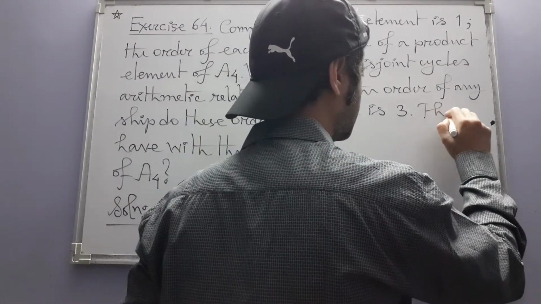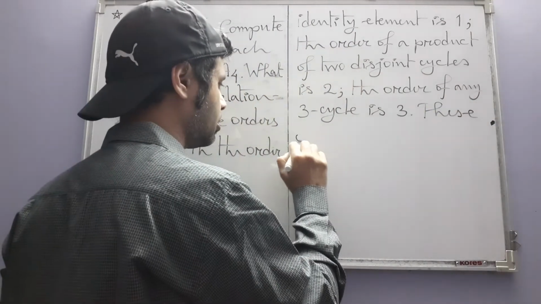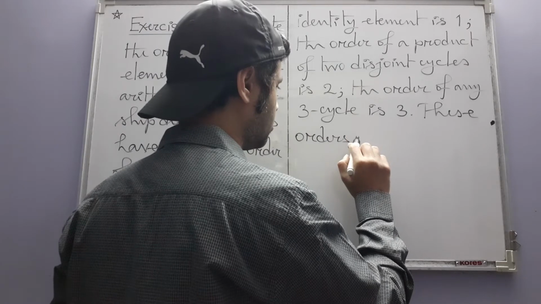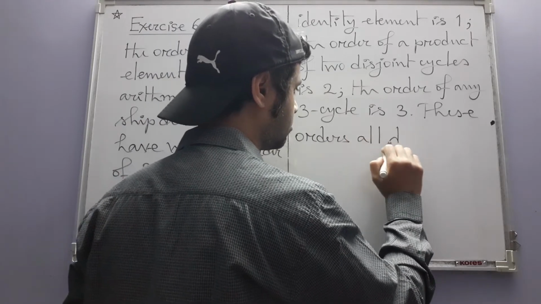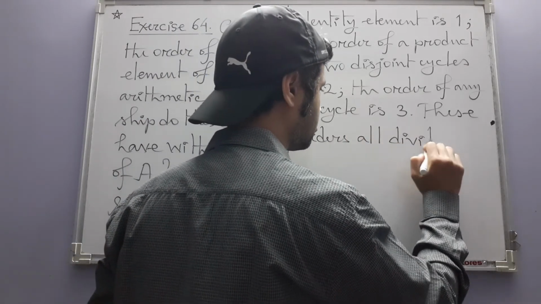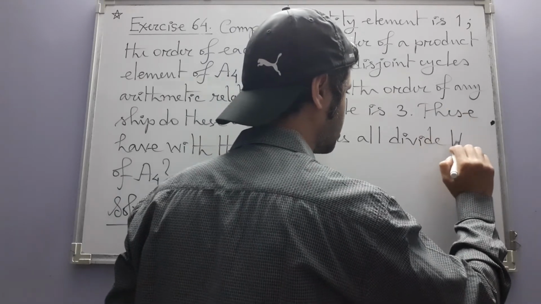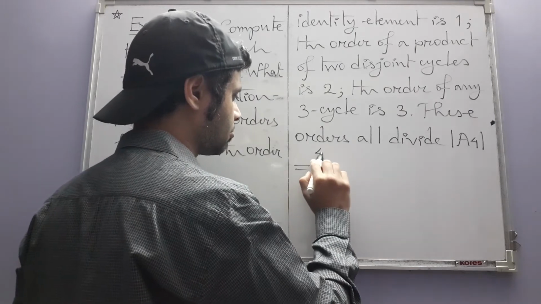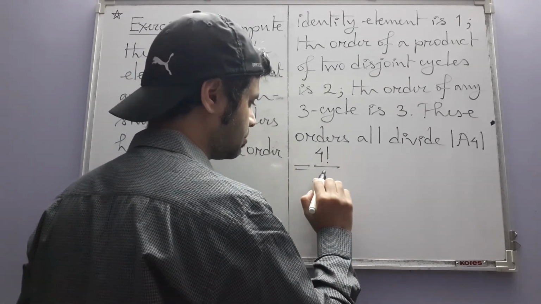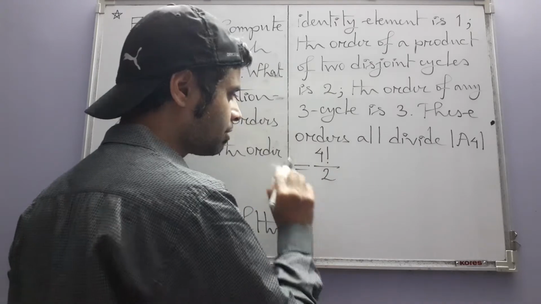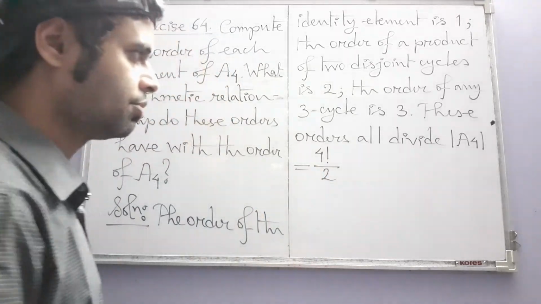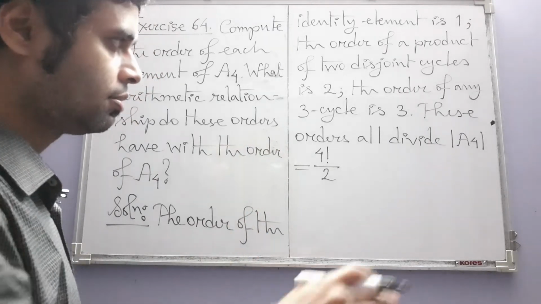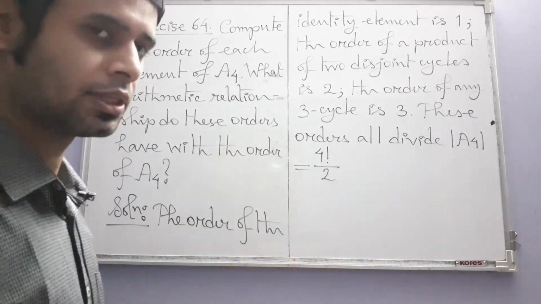These orders all divide the order of A4, which is 4 factorial divided by 2. 4 factorial is the order of S4, the entire symmetric group of degree 4, and A4 is half of that.